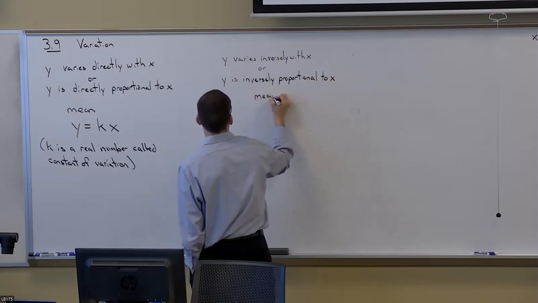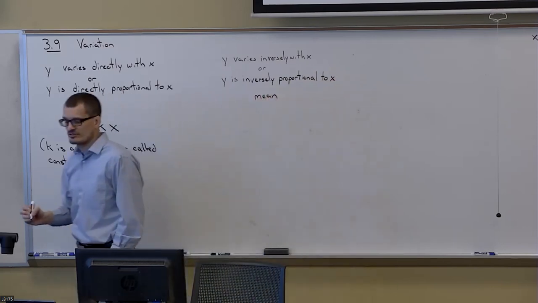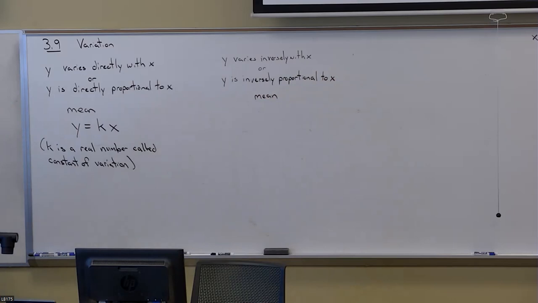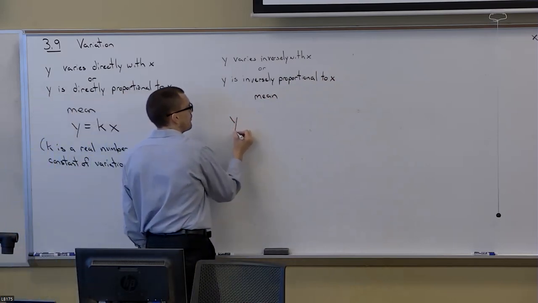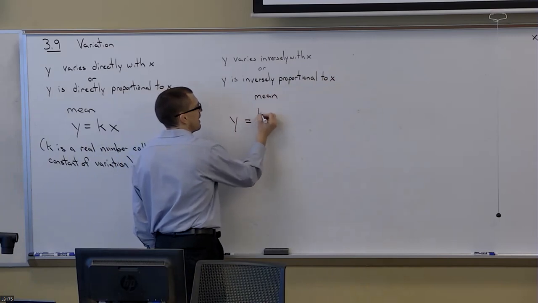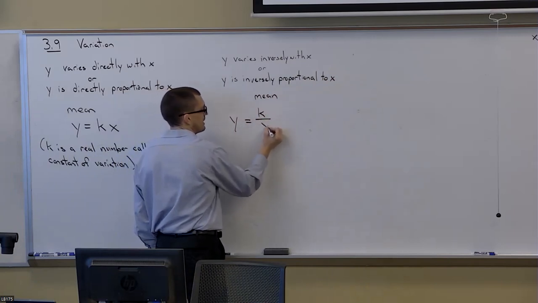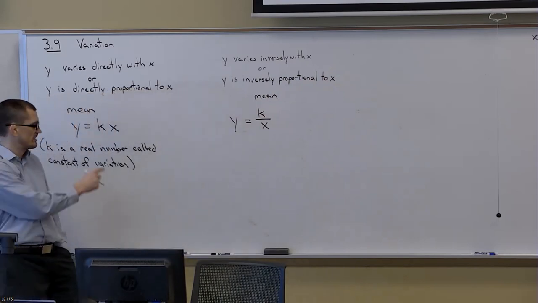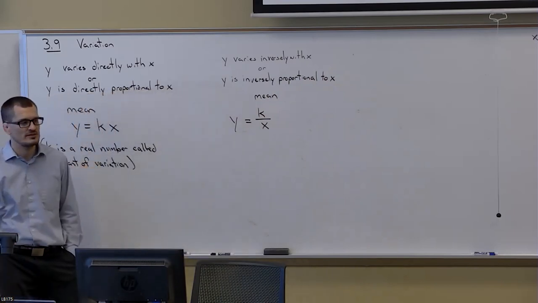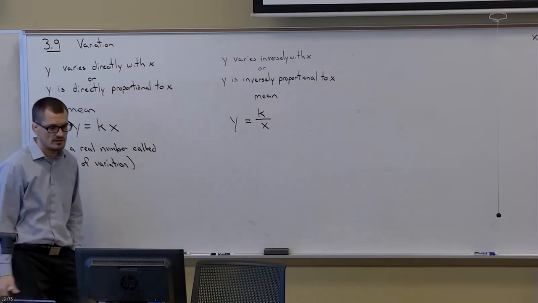Both of those phrases, Y varies inversely with X or Y is inversely proportional to X, both mean we have an equation which is Y equals K over X. Again, K is some real number called the constant of variation.